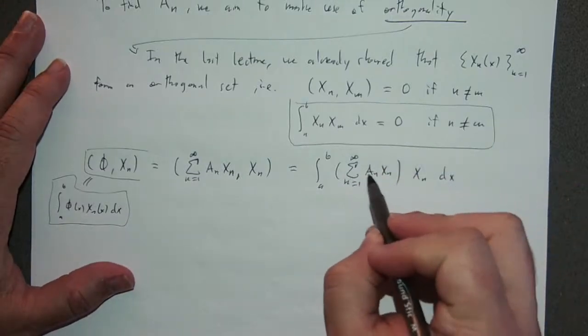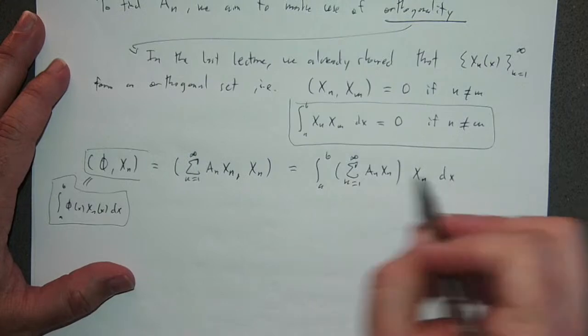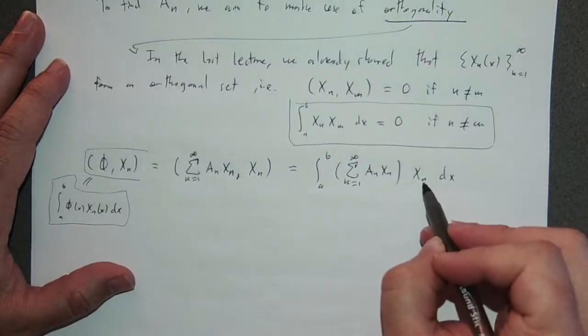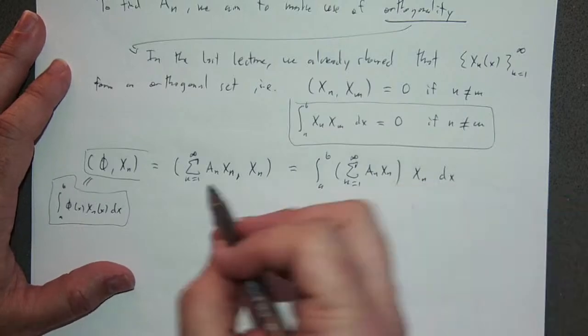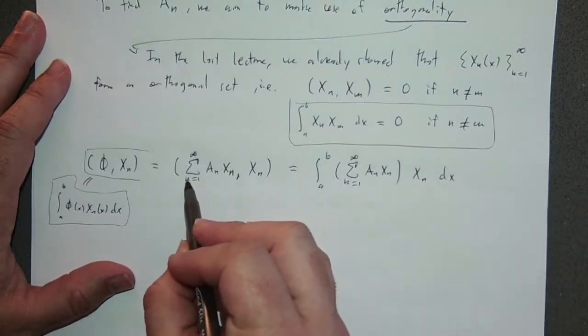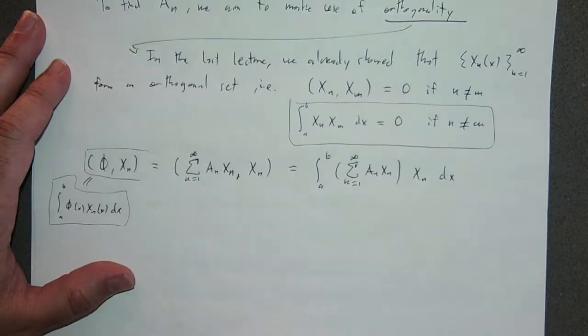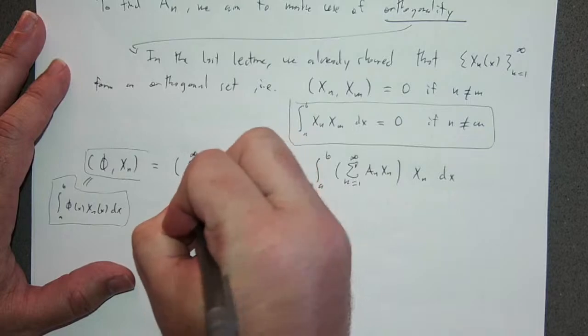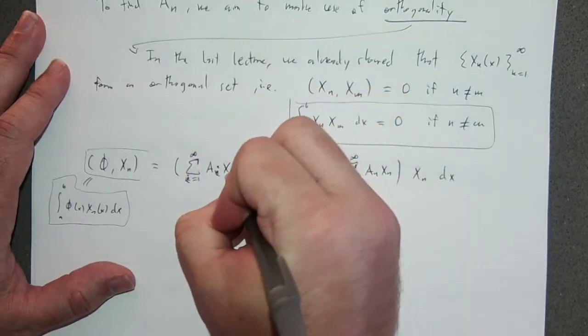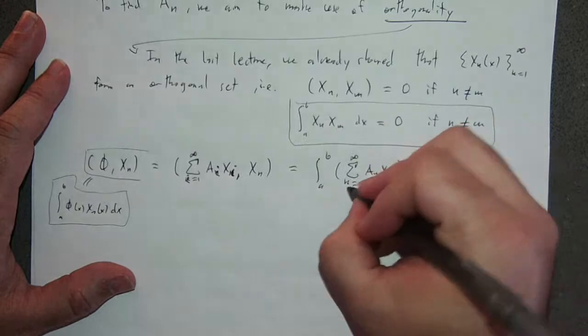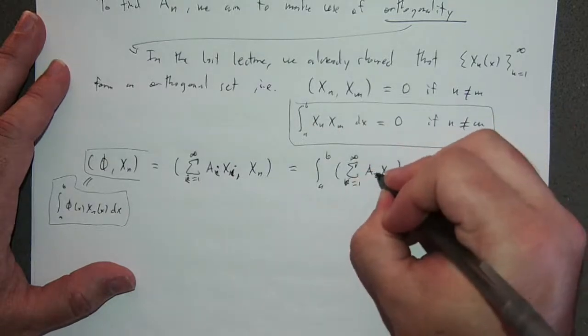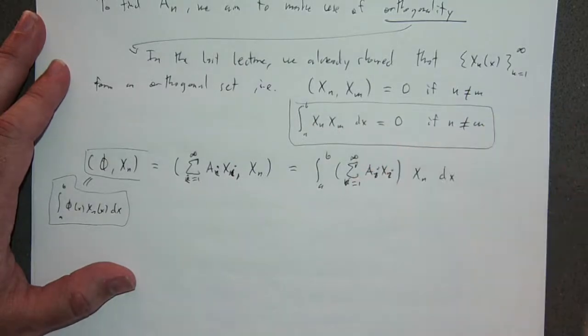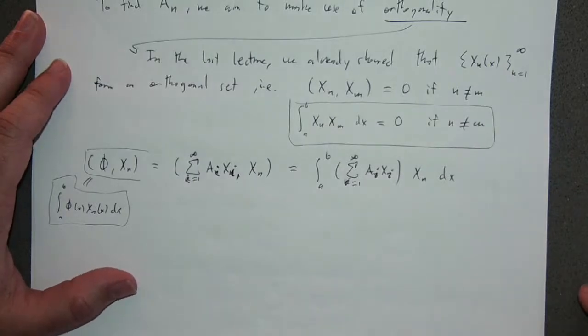N is an index here, but N is fixed in this part. This is not great notation, so why don't I change this N to I? That leads to less confusion.